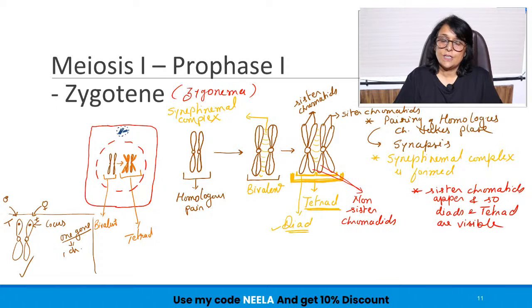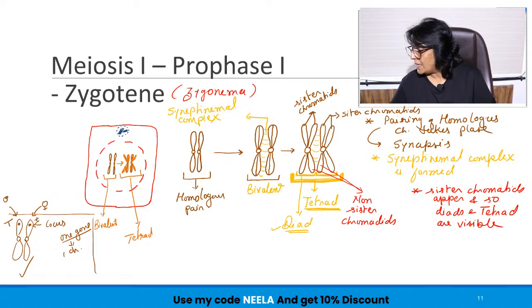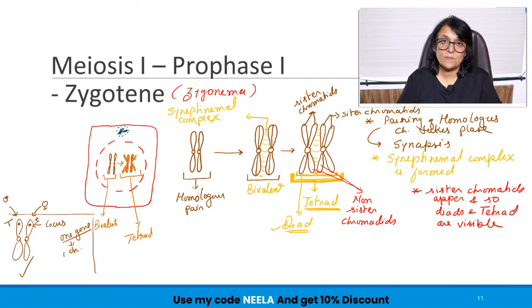The next stage, zygotene. Total chromosomes were 4, and these 4 can be written as 2 pairs. Such a pair which has the same genes at the same locus is known as a homologous pair. So in zygotene, there is going to be pairing of homologous chromosomes.